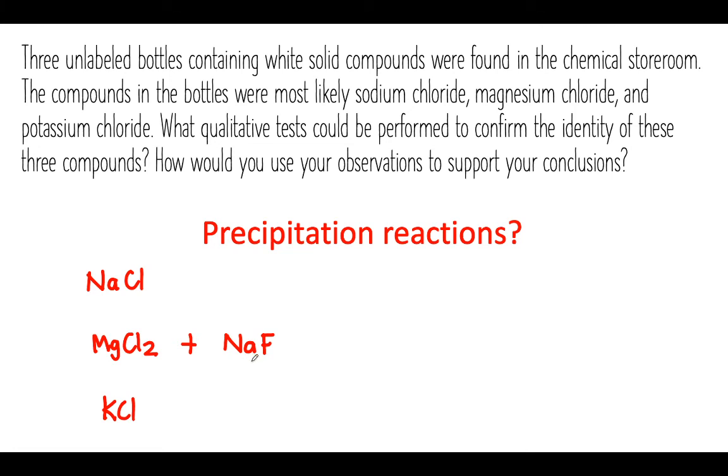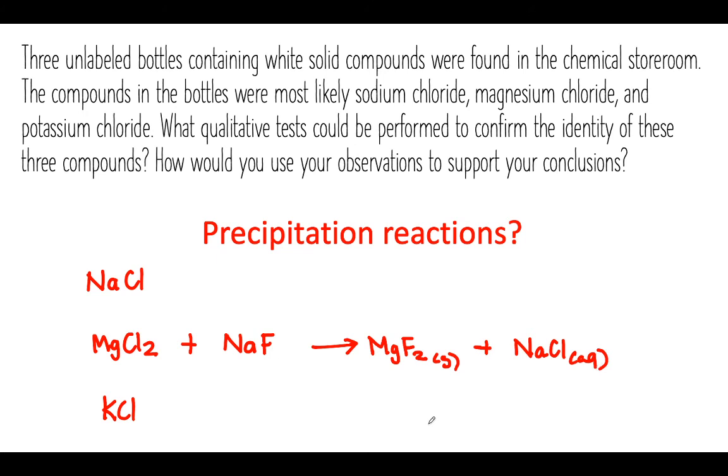So that's not going to be the precipitate. So I want something that's not going to get in the way. So when I add these together, I'm going to produce MgF2, which is a solid, plus I'm going to produce NaCl, which is aqueous, right?